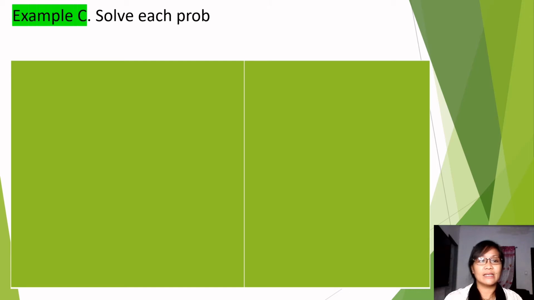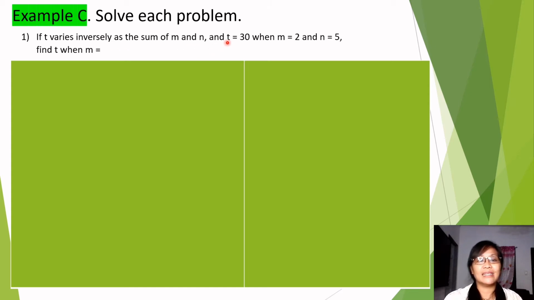Example letter C. Solve each problem. Example number 1. If t varies inversely as the sum of m and n, and t is equal to 30 when m is equal to 2 and n is equal to 5, find t when m is equal to 5 and n is equal to 3. So we're going to write the given first. T1 is equal to 30, M1 is equal to 2, and N1 is equal to 5.